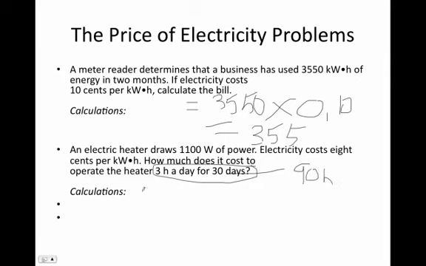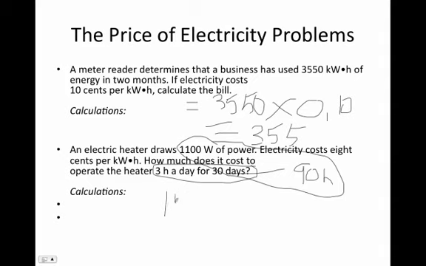And the price of electricity is 8 cents per kilowatt hour. So let's figure out, if it runs for 110 watts for 90 hours, how many kilowatt hours is that?